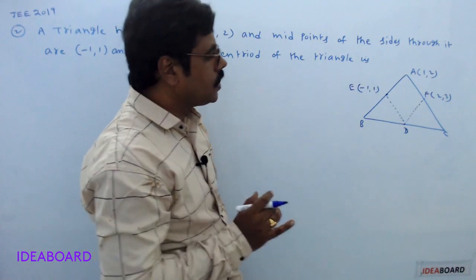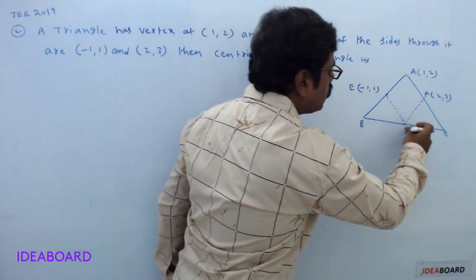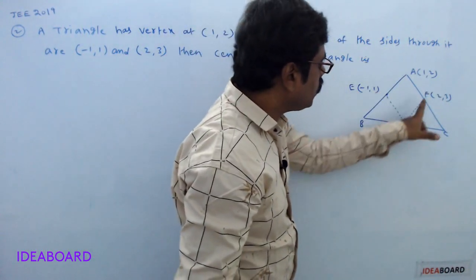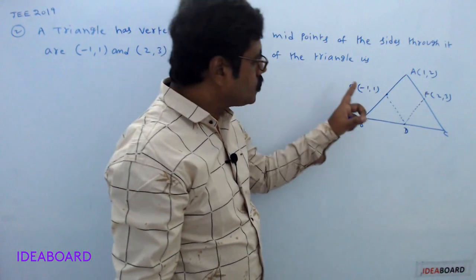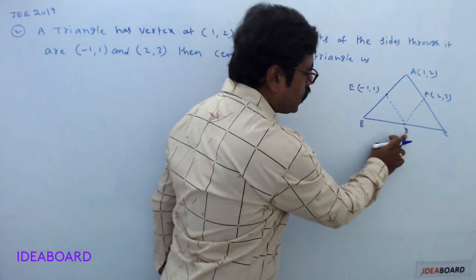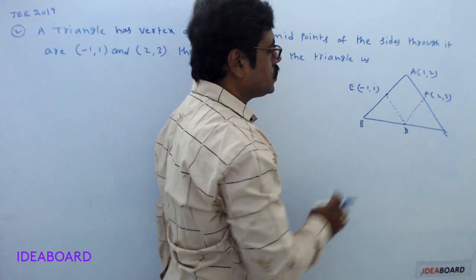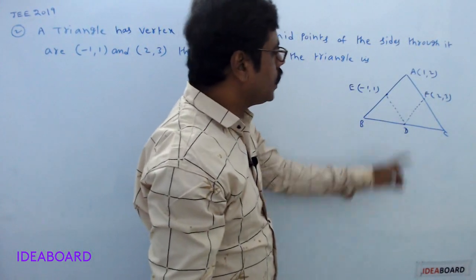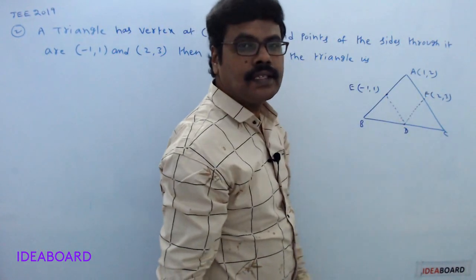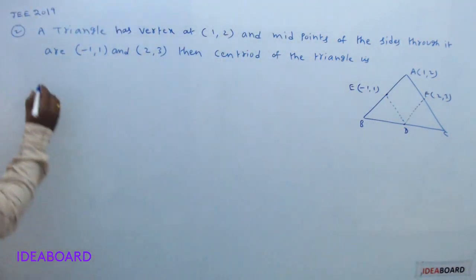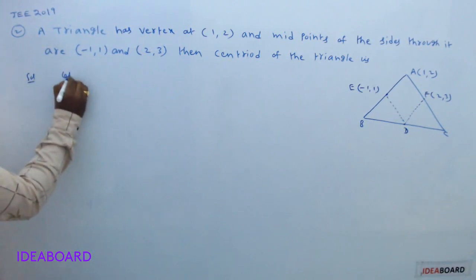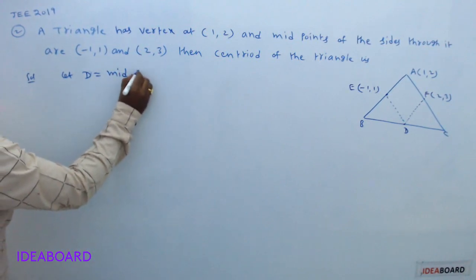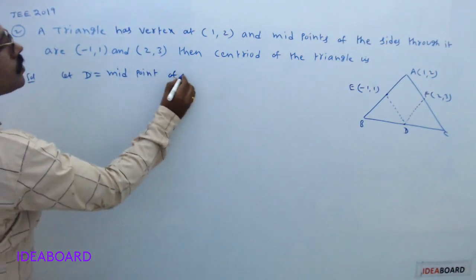Now if you observe the diagram, AEDF is a parallelogram. So from this parallelogram, the vertex D can be taken as E plus F minus A. Now come to the solution. First let D equal the midpoint of the side BC.